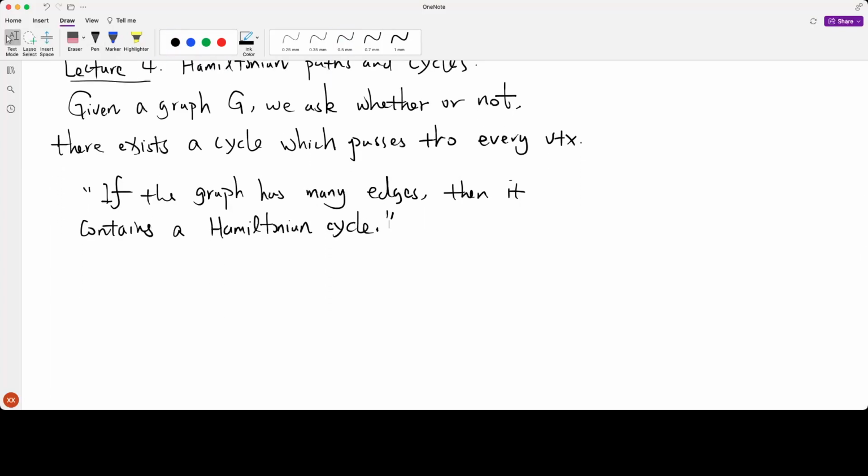Okay? So like I said, there is no exact condition for the existence of a Hamiltonian cycle.